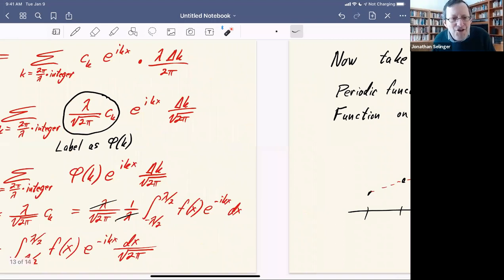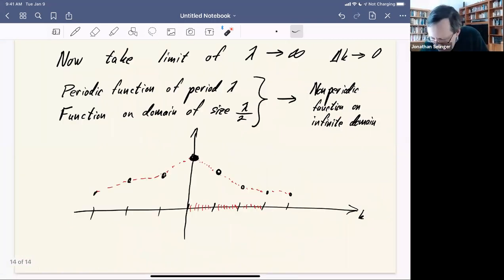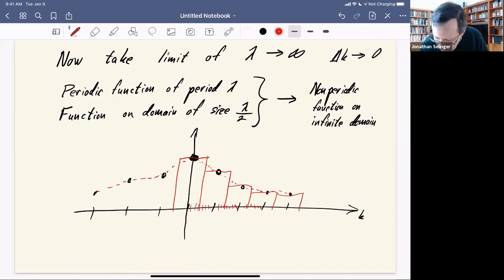When you were first learning integral calculus, you learned that you could take a sum of things like this, right? And in the limit of the spacing goes to 0, right? Very fine spacing, this thing turns into an integral, right?